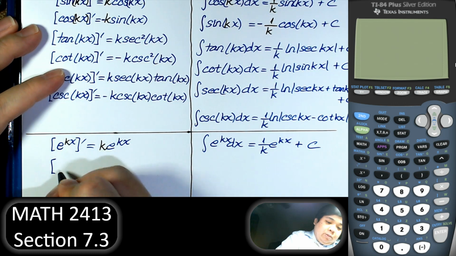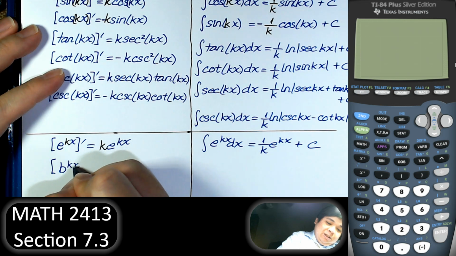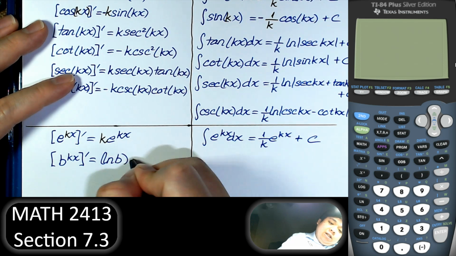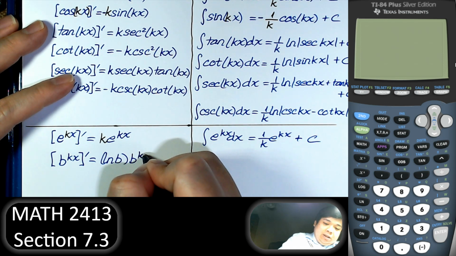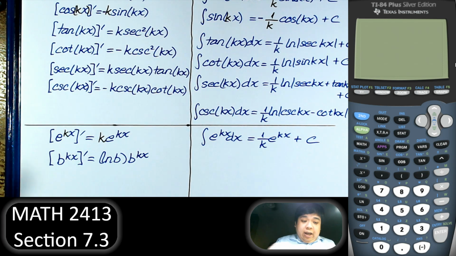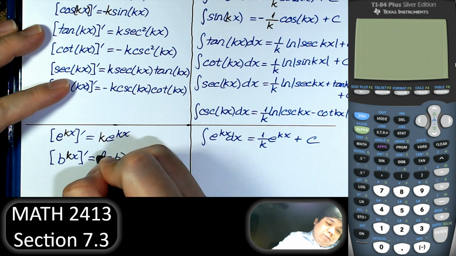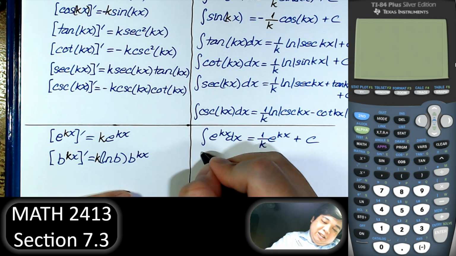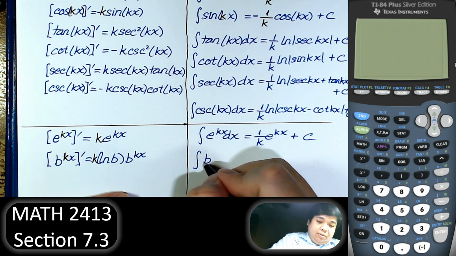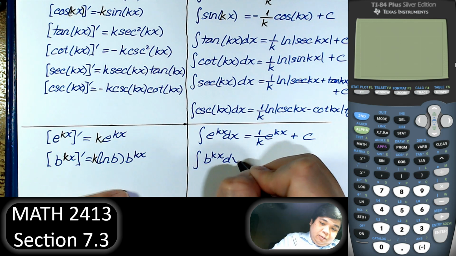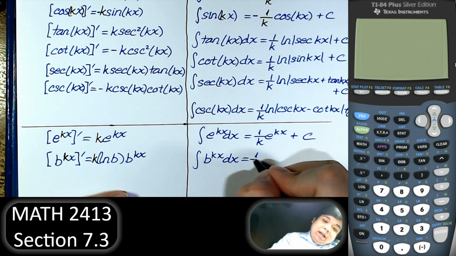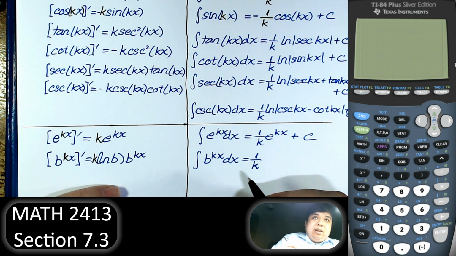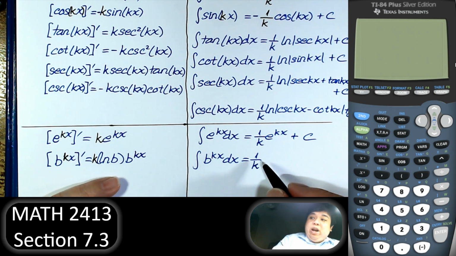Right, if we have some other bases, here we just need to multiply by the base, and then the same thing. Right? Except that k, so we multiply k, and then same thing here. So first we divide by k, and integral will be the same thing, but we have to divide by the base.